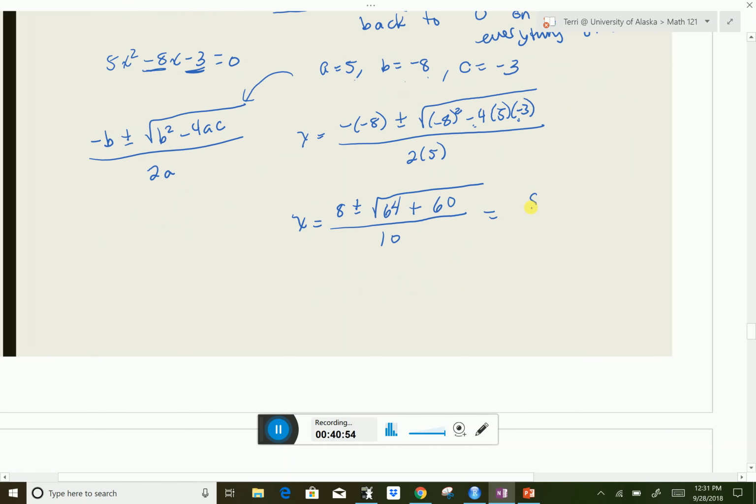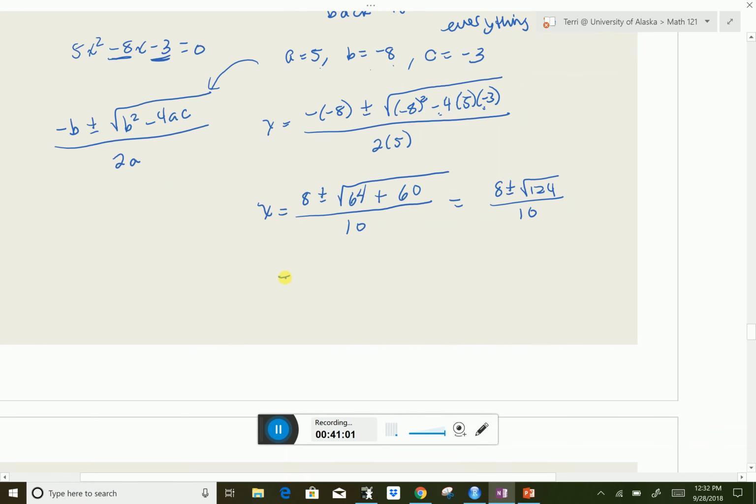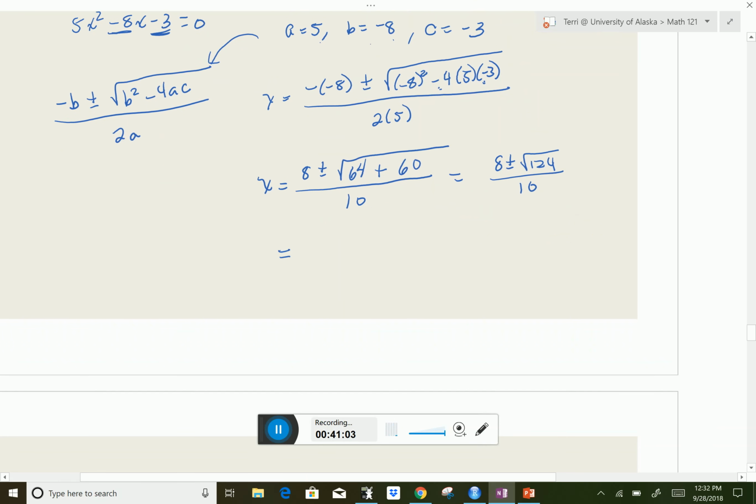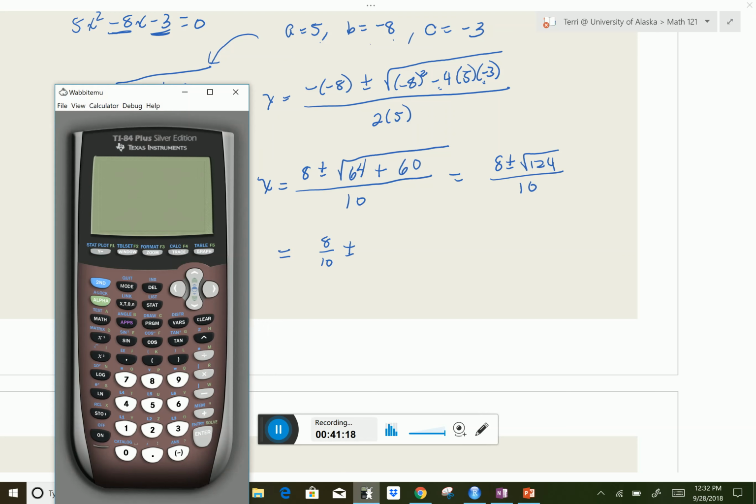So that's equal to 8 plus or minus the square root of 124 over 10, which equals, well, let's see, let's do this separately. 8 over 10 plus or minus, let's see, I'm seeing that the square root of 124 can definitely be divided by 4. Maybe even 16.